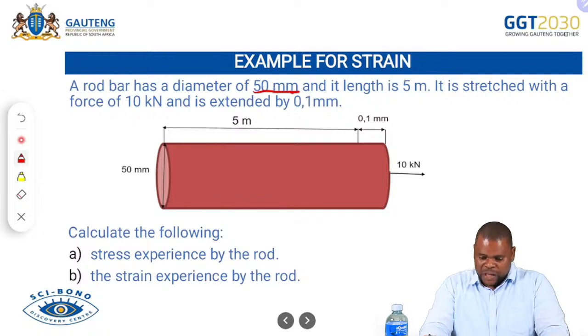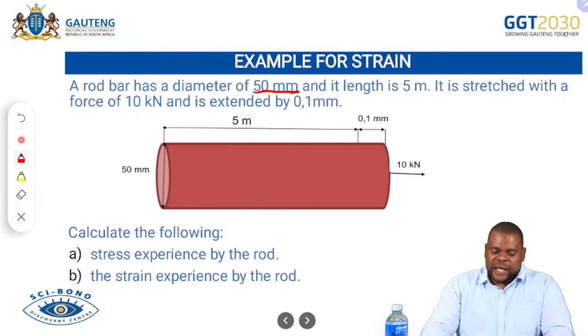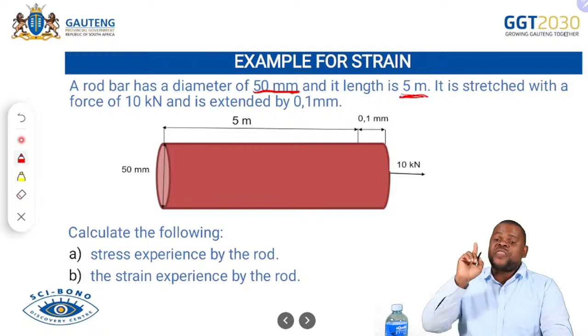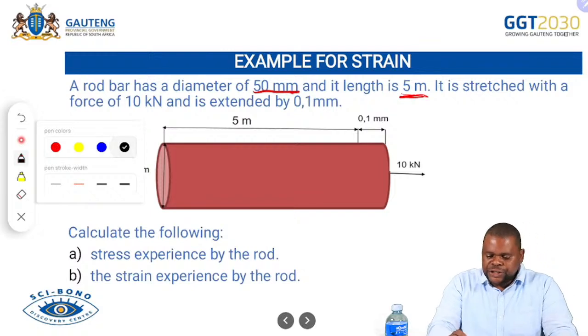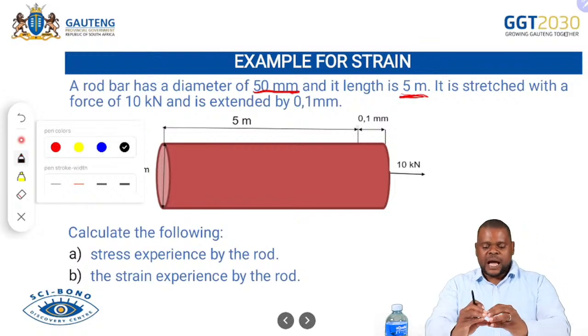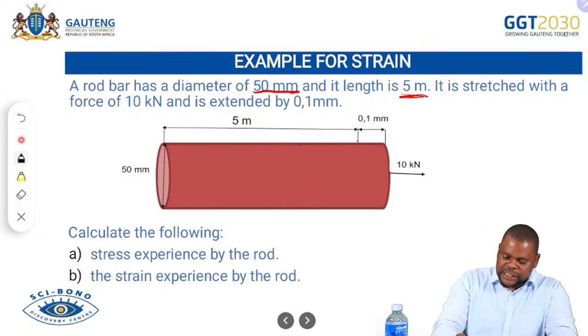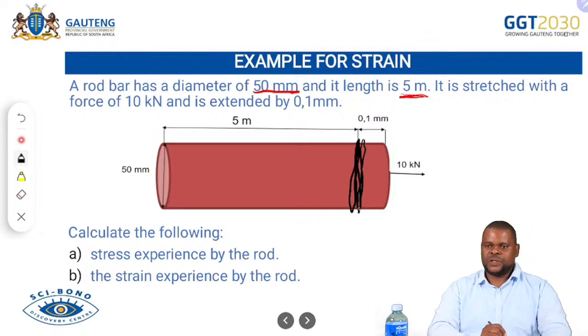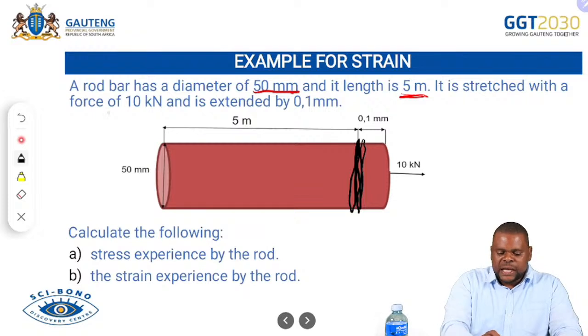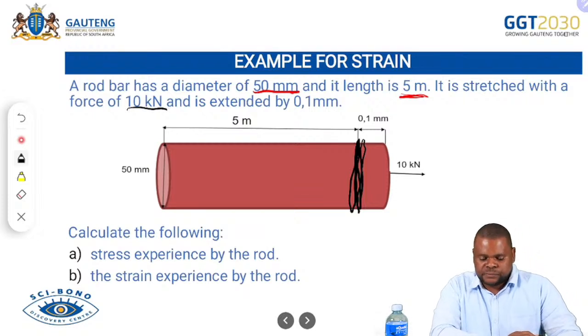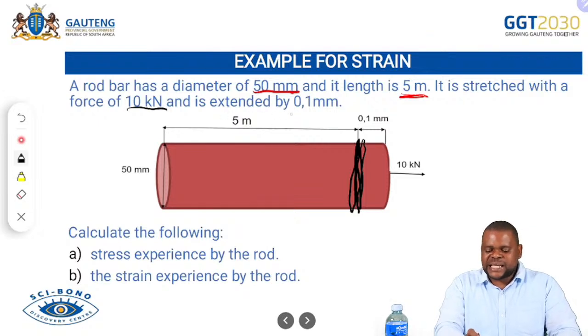Okay, let's continue. The length of the bar is 5 meters. Are we together? That means initially, before this bar was stretched, it ended here. Now it is stretched with a force of 10 kilonewtons and it extended by 0.1 millimeter.